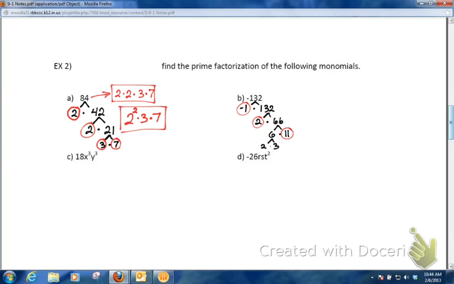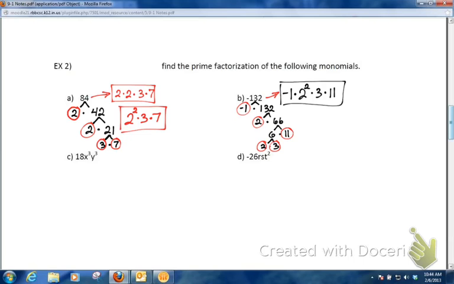And 2 and 3 are both prime numbers, so they circle. All of my branches have come to a stop. So the prime factorization for negative 132 is negative 1 times, there are 2 2's, so 2 squared, times 3 times 11. Done.